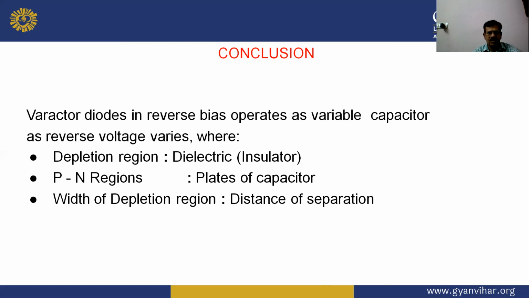Now we conclude that the varactor diode in reverse bias operates as a variable capacitor as the reverse voltage varies. When the reverse voltage changes, the capacitance also changes. The depletion region behaves as an insulator or dielectric when the device is in reverse bias, the P and N regions act as the plates of the capacitor, and the width of the depletion region is the distance of separation, which depends on the applied reverse voltage across the varactor diode.